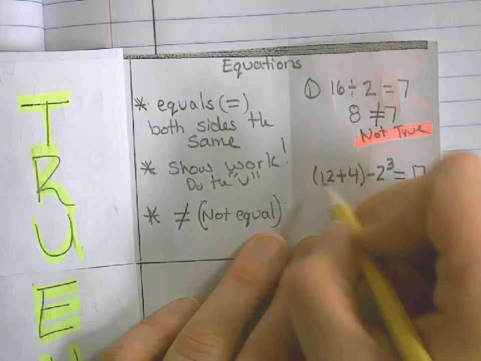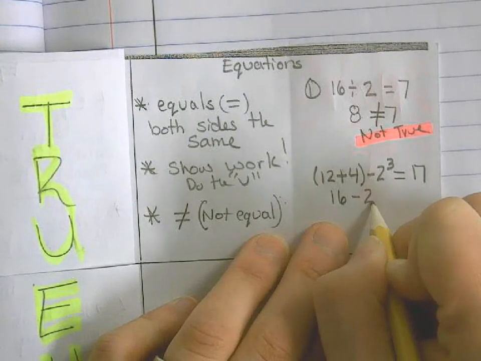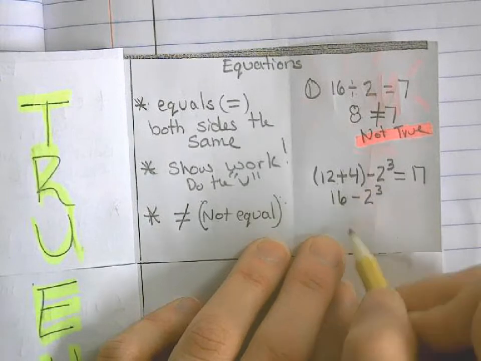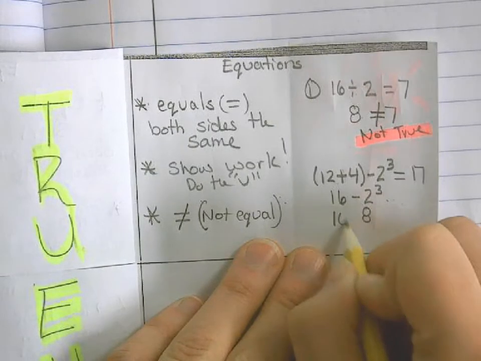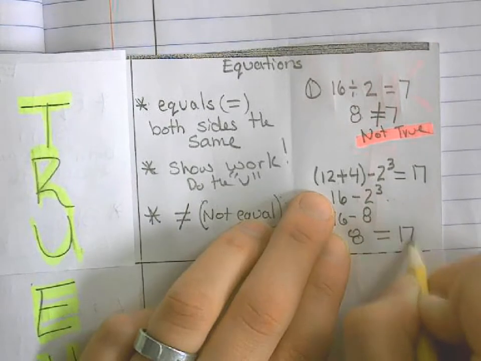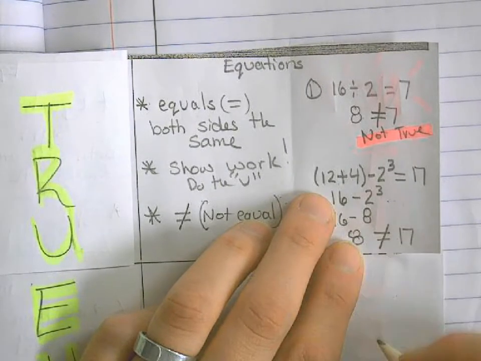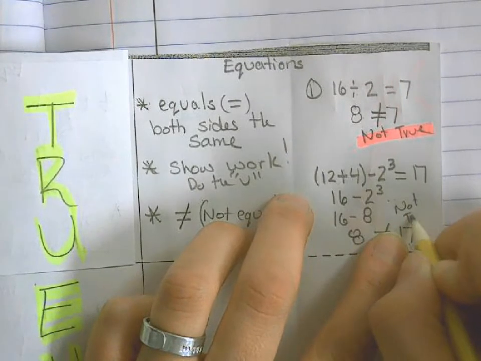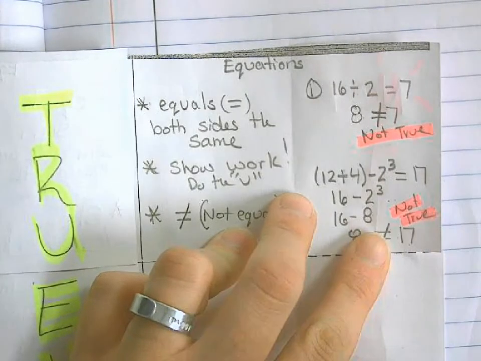Order of operations says I do parentheses first, so 12 plus 4 is 16 minus 2 to the power of 3. Order of operations says exponent next. 2 to the power of 3 is 2 times 2 times 2, which would be 8. And 16 minus 8 is 8. 8 equals 17. Oh, I can see that that is not true. I'm going to put my line through the equal sign to say that 8 does not equal 17. Not true.